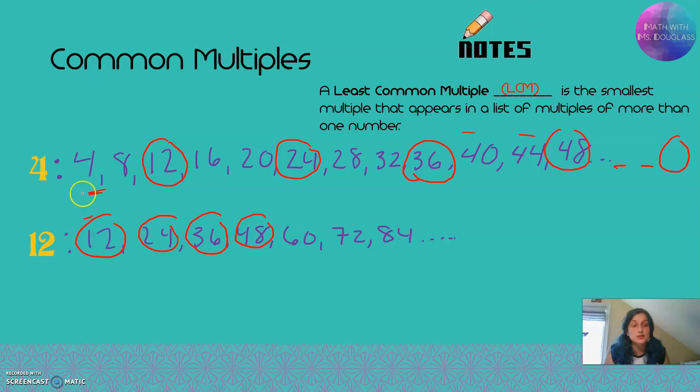That's the smallest number in one list, but 4 isn't in the list for 12s. So the smallest common multiple that I've circled in both lists is the number 12. So I would say that the LCM of 4 and 12, oh, look at my beautiful handwriting, is 12. And that's how you find the least common multiple.